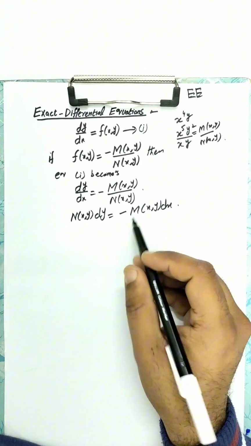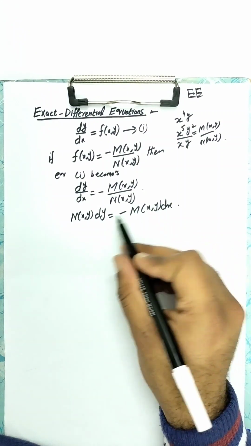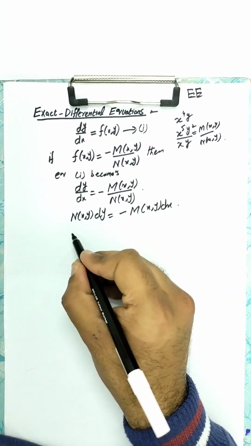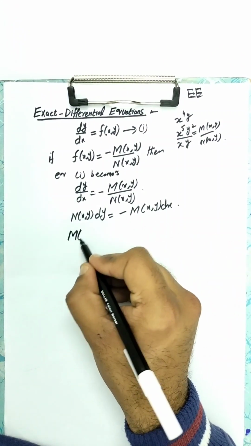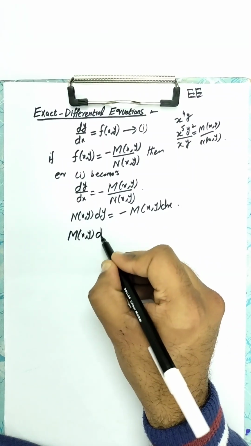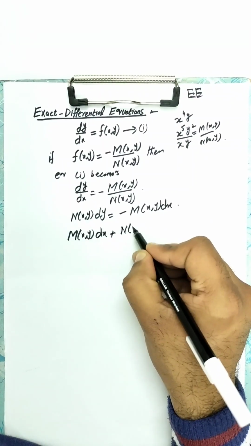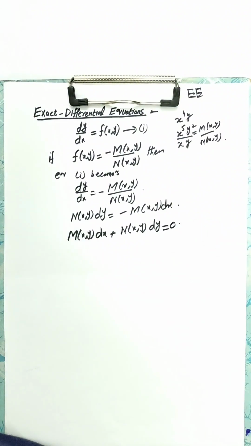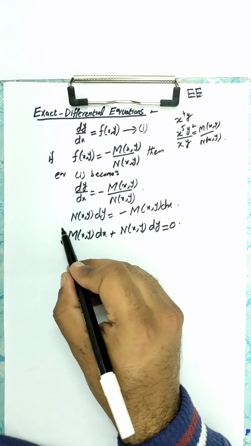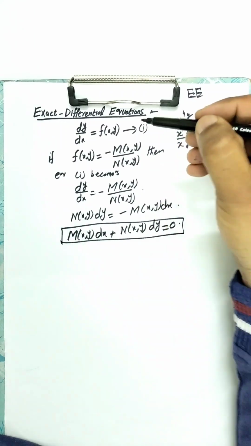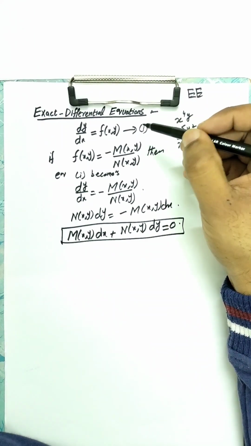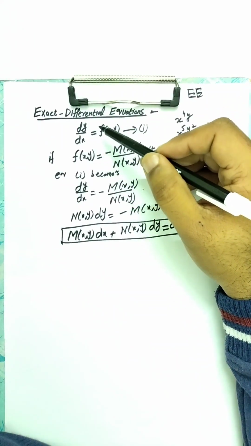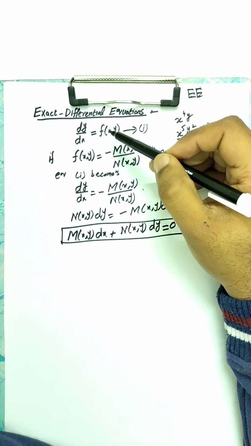We rearrange these terms, so this becomes M of xy dx plus N of xy dy is equal to 0. This is the differential form of our equation 1, which is the first order and first degree explicit form of differential equation.